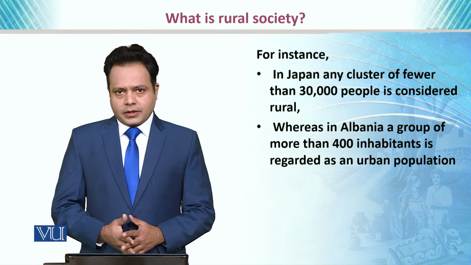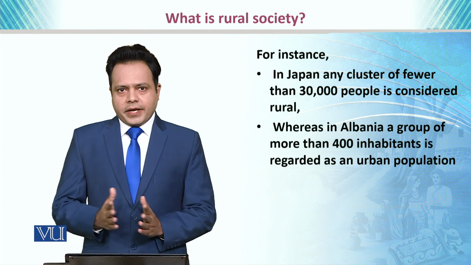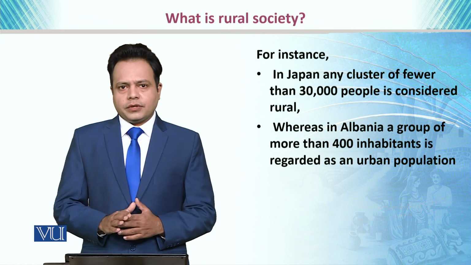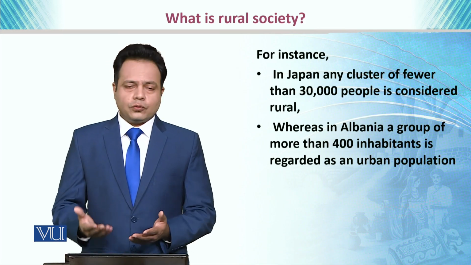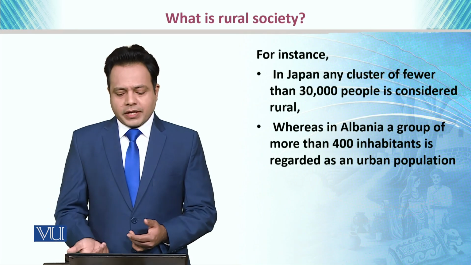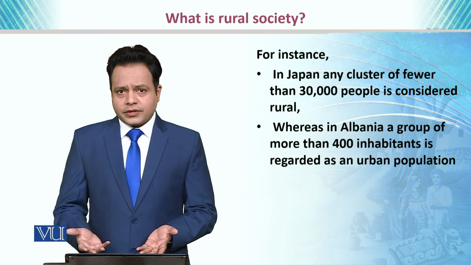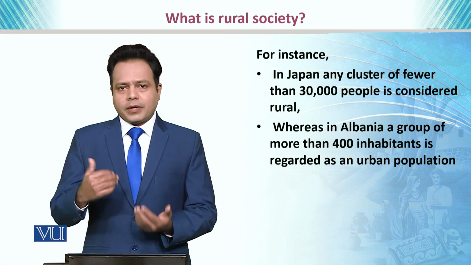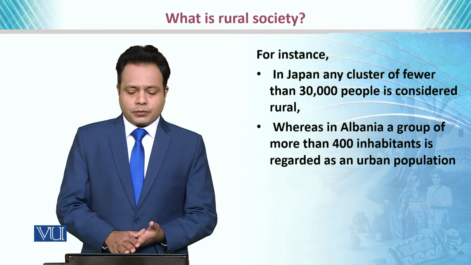For instance, in Japan, any population having lesser than 30,000 inhabitants can be considered the rural population, whereas the criteria changes in Albania, where only 400 inhabitants can make a rural population, and above 400 can be considered the urban population.